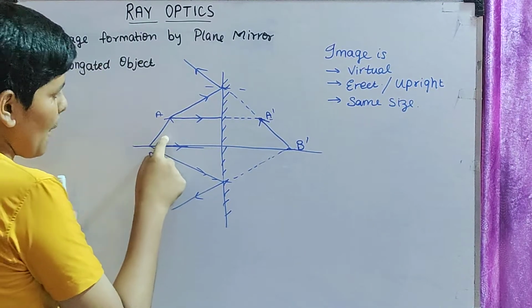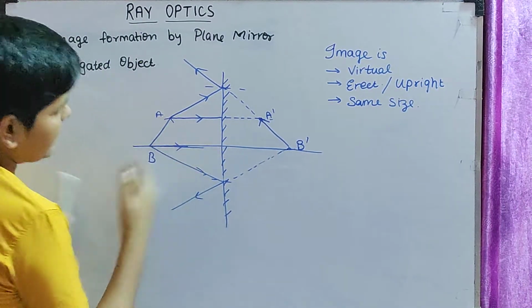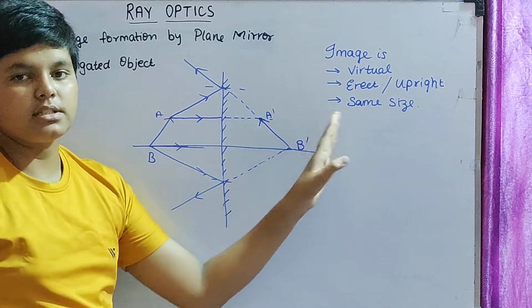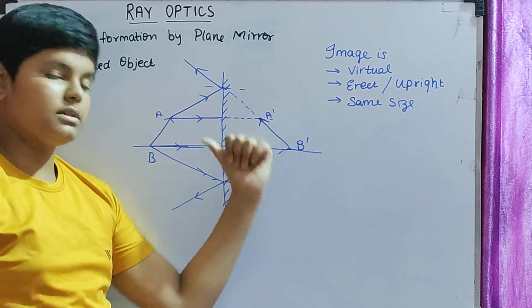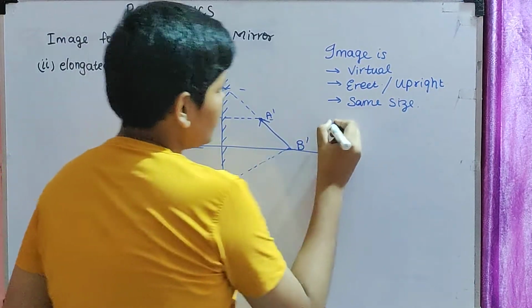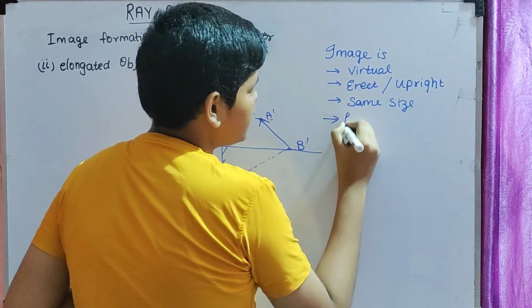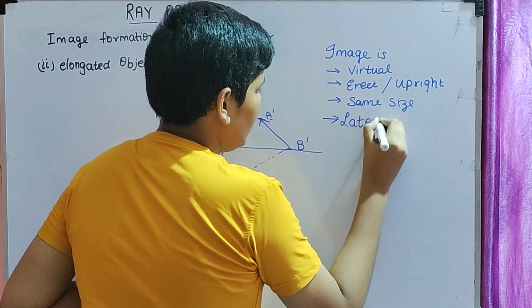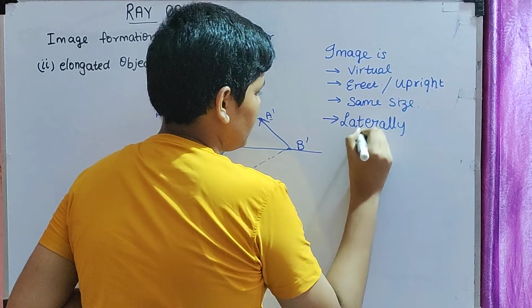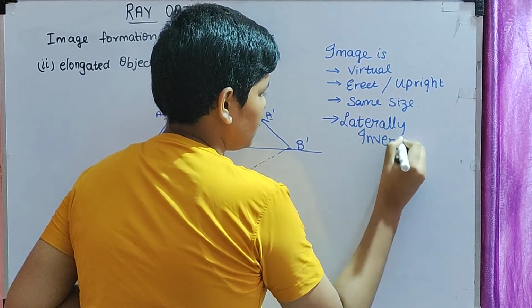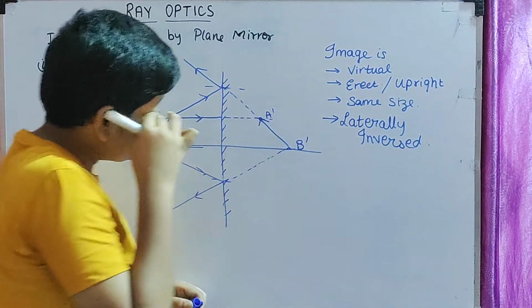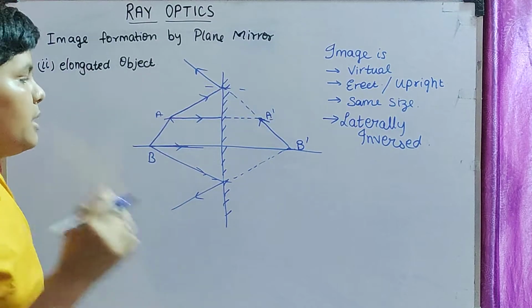Here the object is tilted towards the right, but the image is tilted towards the left. So we can say one more thing, that the image is laterally inversed. So these are the 4 points of how the image will be formed.